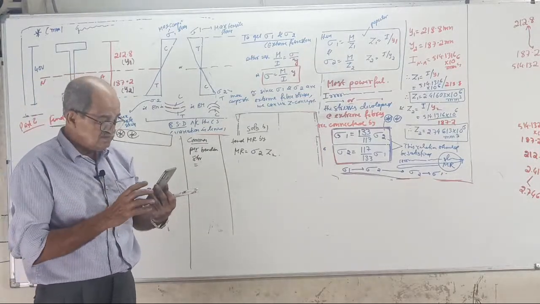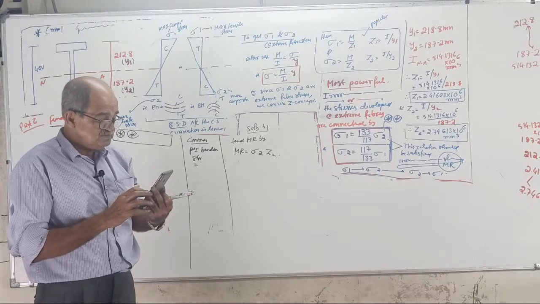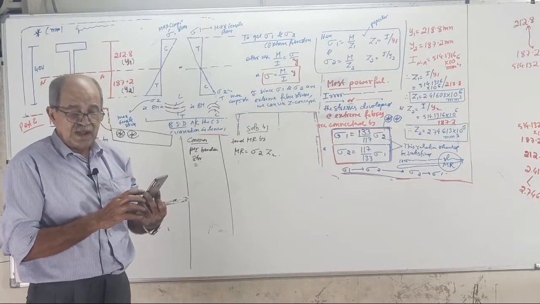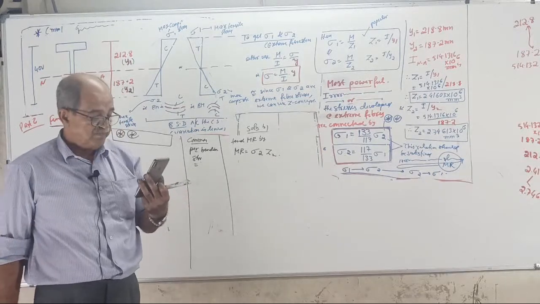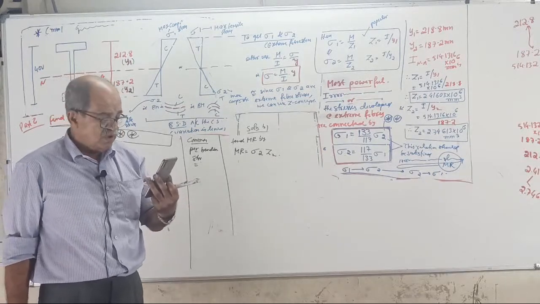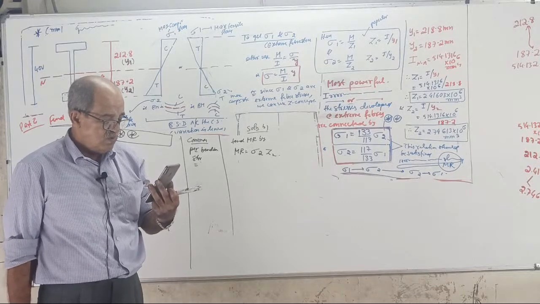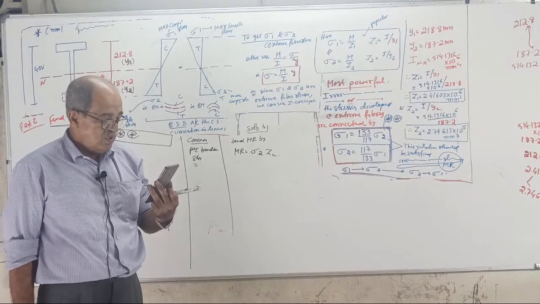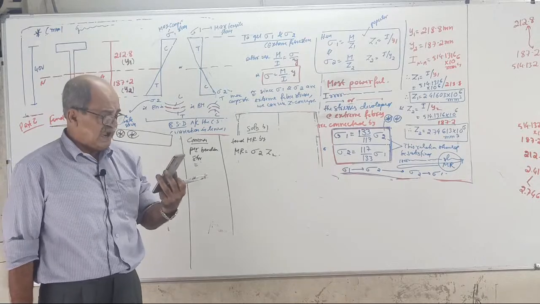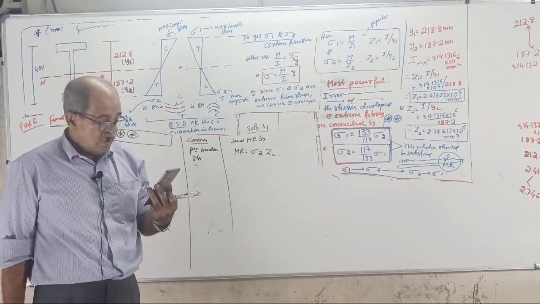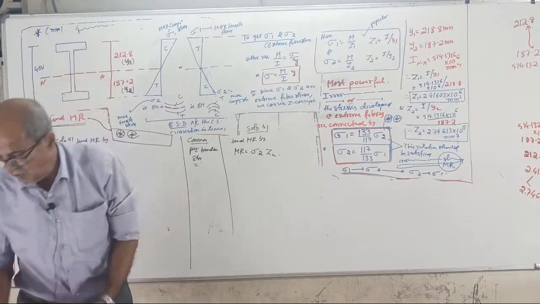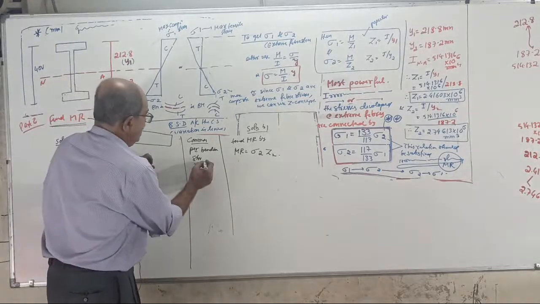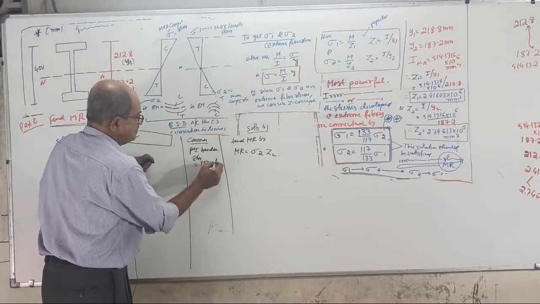Who can remember? Some number I told. I don't remember how much it is now. Completely forgotten. 150 Newton per mm square. Okay, 150 Newton per mm square.